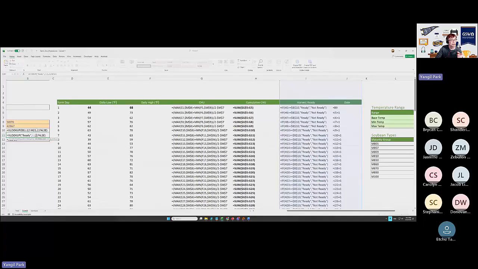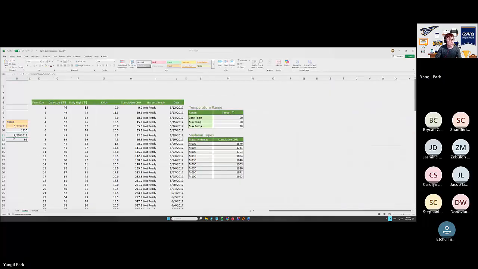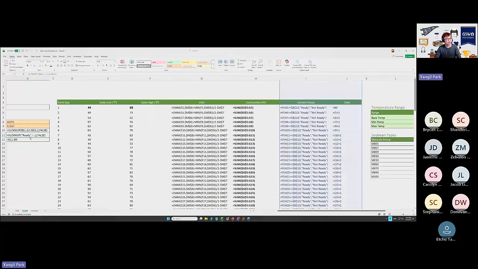When ready appears in column I, it's going to read the date itself. So the date will be August 15, 2017. Okay, so that's how you're going to use the VLOOKUP here.